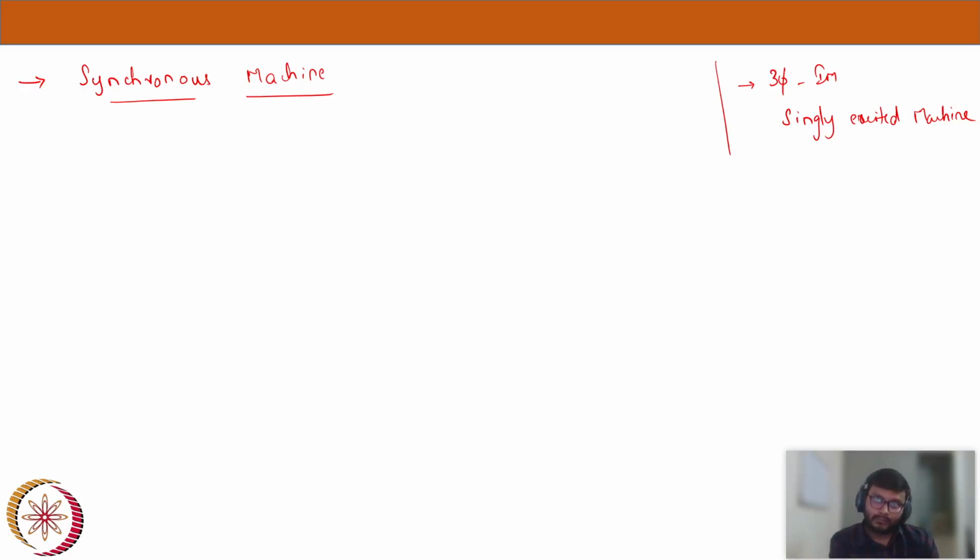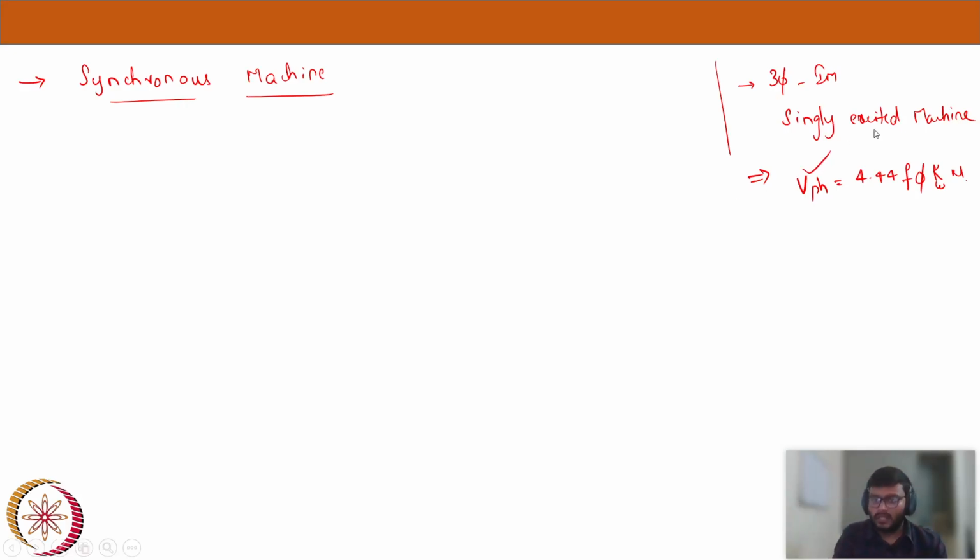And one more thing in the induction machine: we know the voltage equation of our induction machine. The per phase voltage equation is 4.44 into frequency, flux per pole, winding factor kW, and turns. Now, I have given supply to my machine.